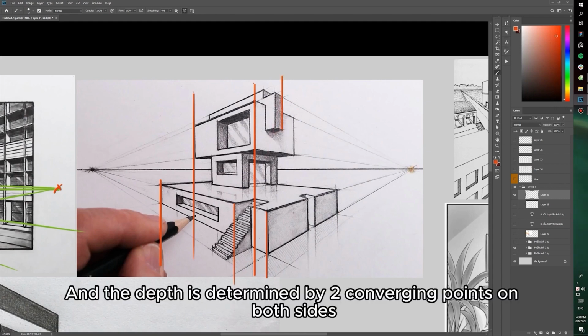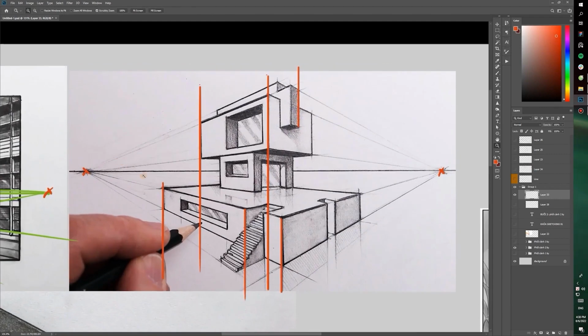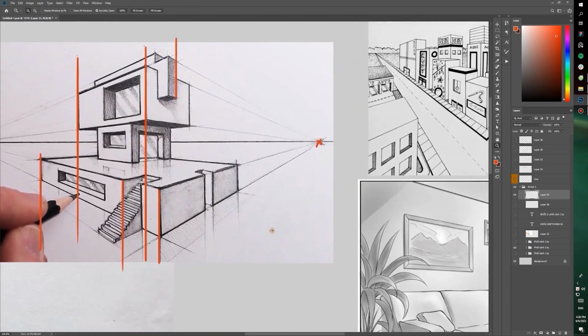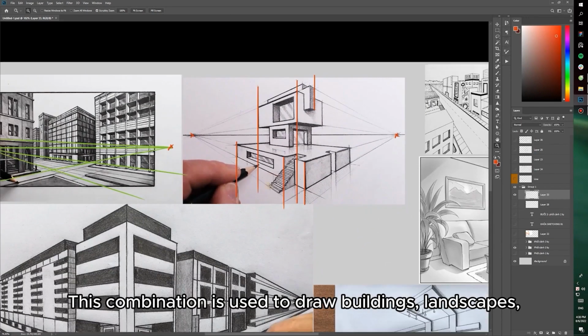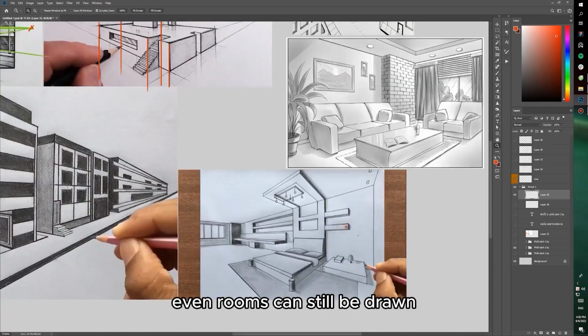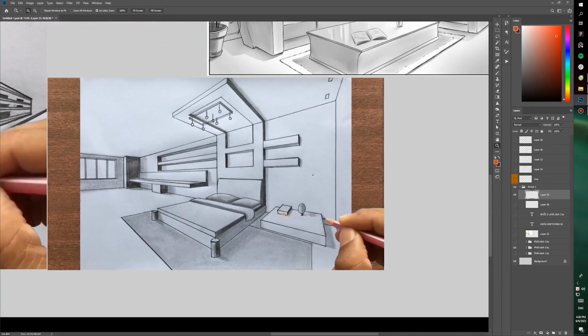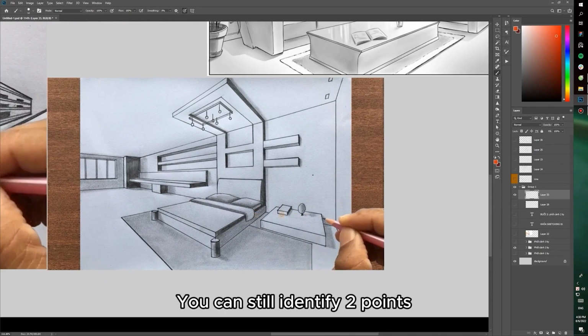And the depth is determined by 2 converging points on both sides. This combination is used to draw buildings, landscapes. Even rooms can still be drawn. You can still identify 2 points.